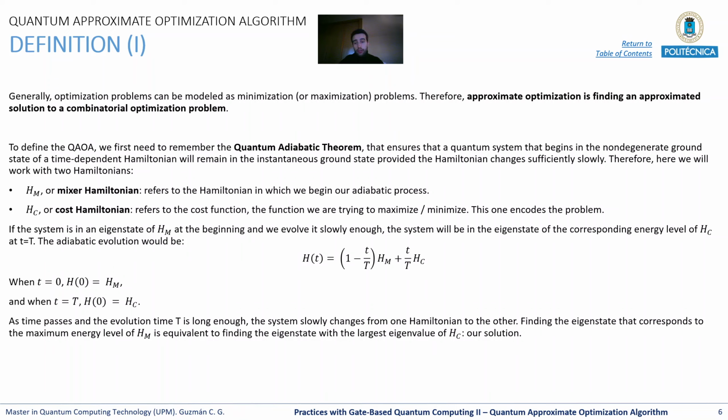So from 0 to t, we are converting the mixer one to the cost one, and finding that eigenstate will be equivalent to finding the solution that we have.